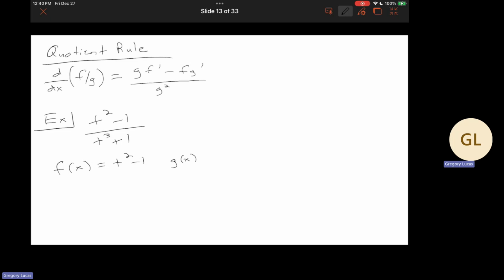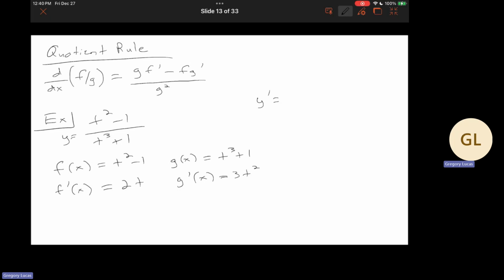G of x is t to the third plus 1. Let's take our derivatives. F prime is 2t, g prime is 3t squared. So we have everything we need. We can go ahead and plug it in now. So let's call this y. So we can call this y prime.